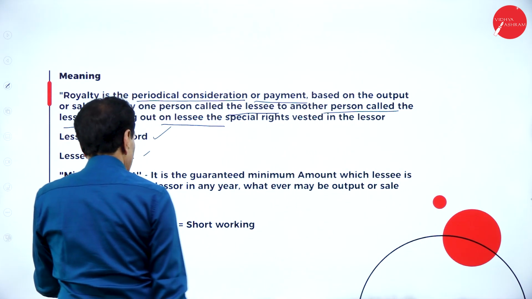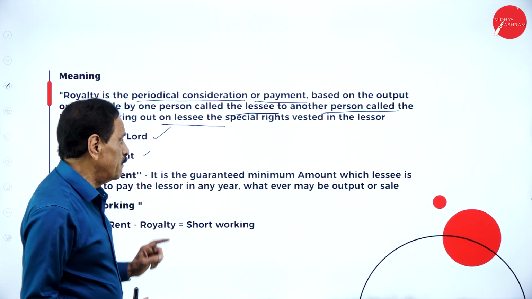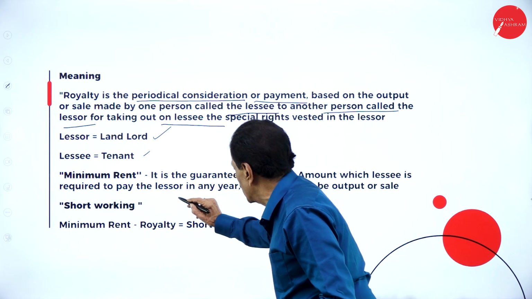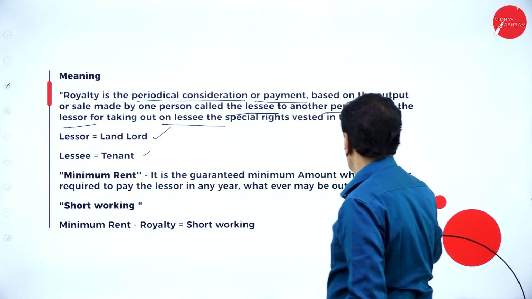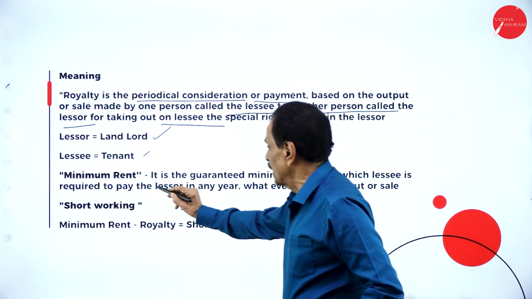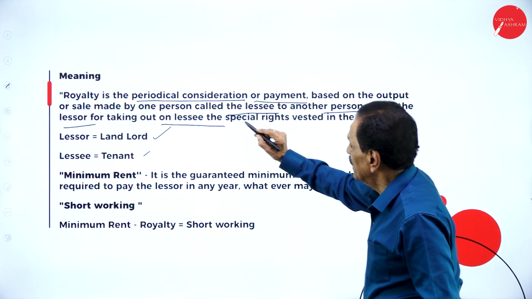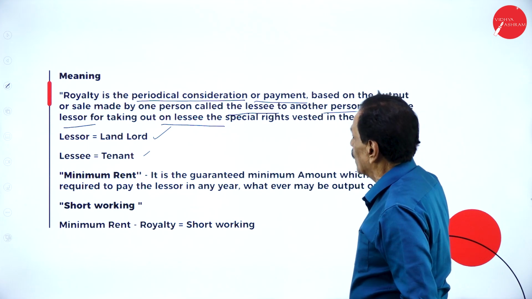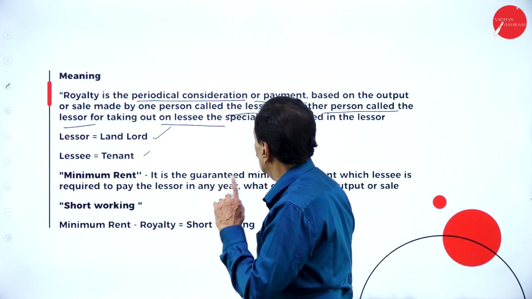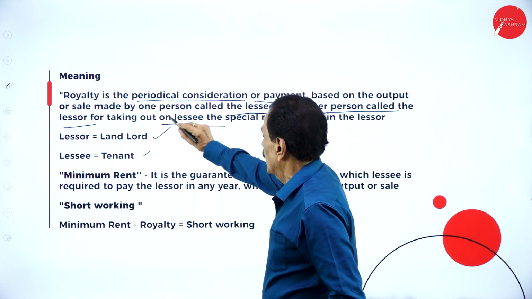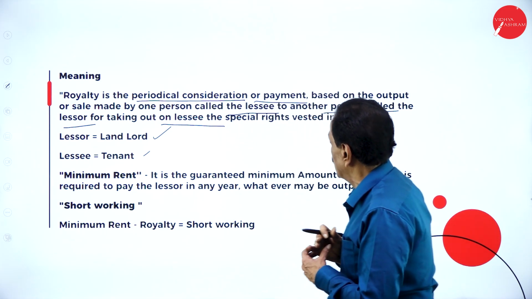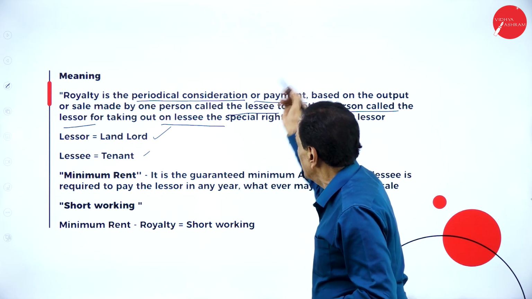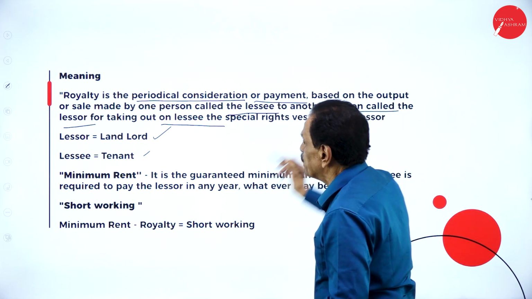What is minimum rent? It is the guaranteed minimum rent which the lessee is required to pay the lessor in any year, whatever may be the output or sale. So, royalty is the periodical consideration or payment based on the output made by the lessee to another person called the lessor.